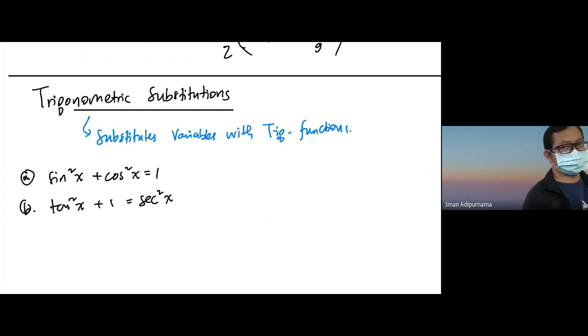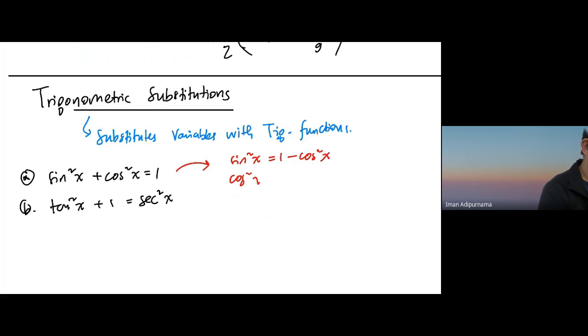secant squared x. So sine squared x is 1 minus cos squared x, or cos squared x is 1 minus sine squared x, and the same with secant and tangent.